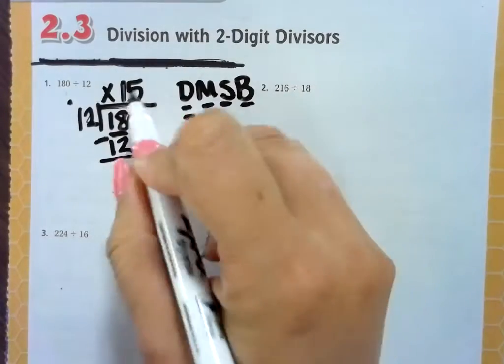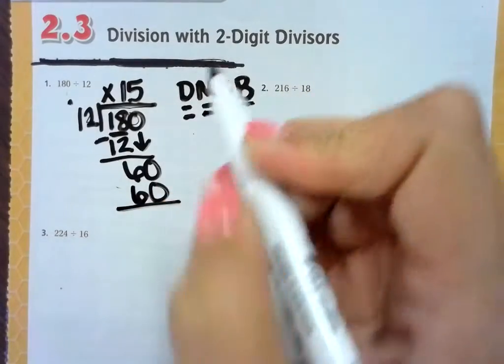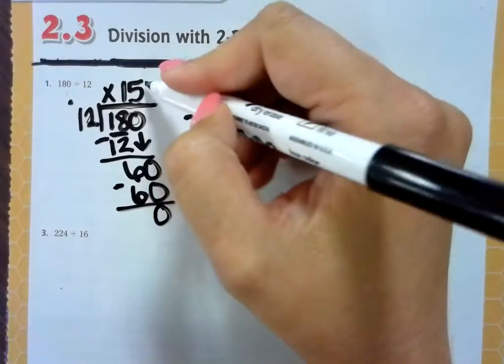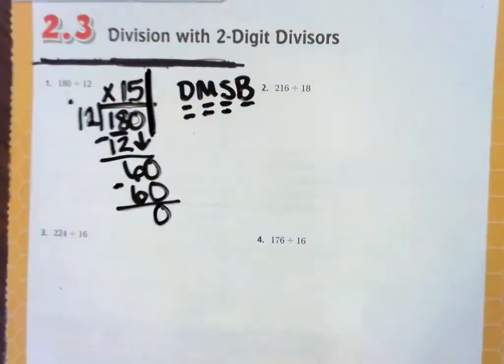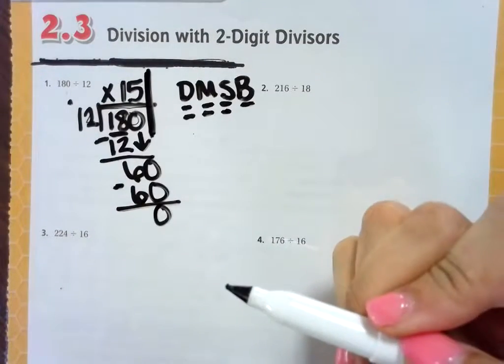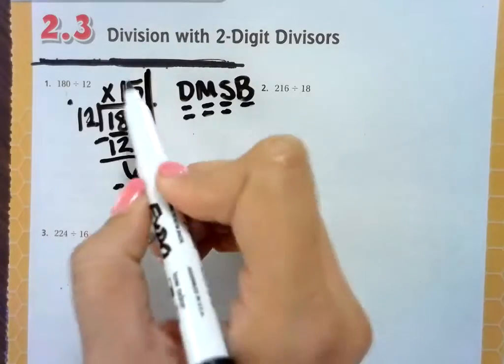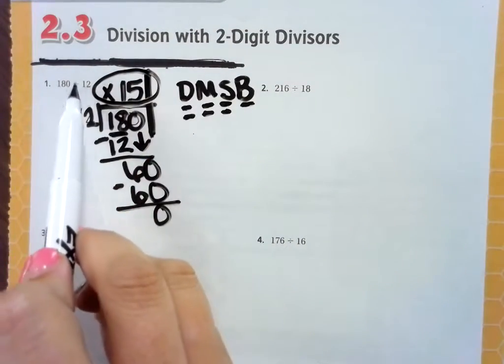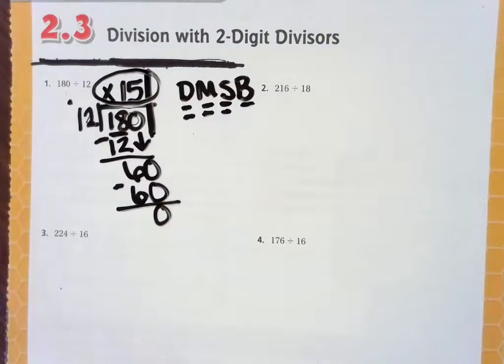So I multiplied. Now I've got to subtract. 60 minus 60 is nothing. And I'm at the wall, so that's how I know that I'm done. I have a 0 at the bottom, and there's no more numbers for me to bring down. So my answer here is 15. 180 divided by 12 equals 15.